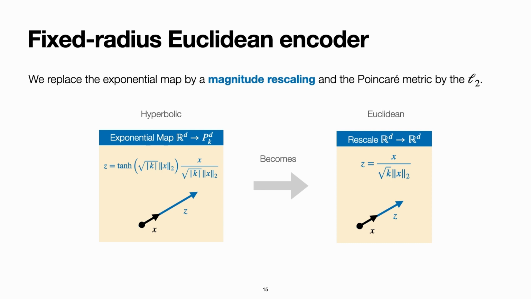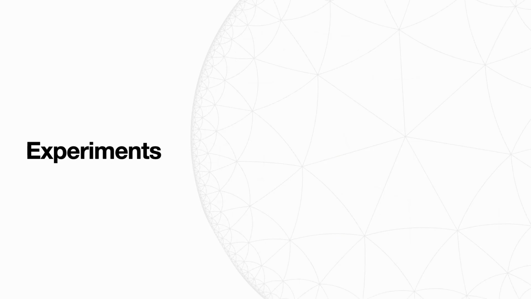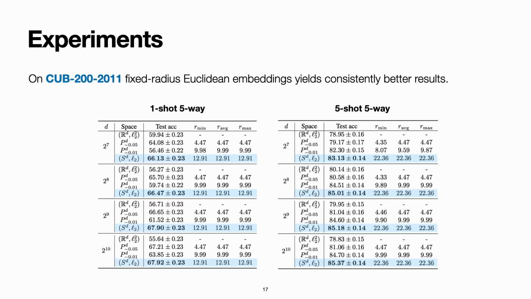To validate our hypothesis and the proposed model, we conducted few-shot classification experiments on two popular datasets, the CUB dataset and mini-ImageNet, in two settings, one-shot 5-way and five-shot 5-way, following the literature. In this slide, I present the results for the CUB dataset, where we consider different manifold dimensions and three architectures.